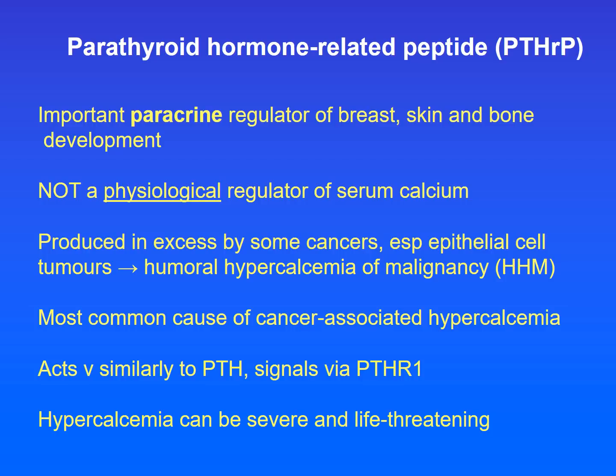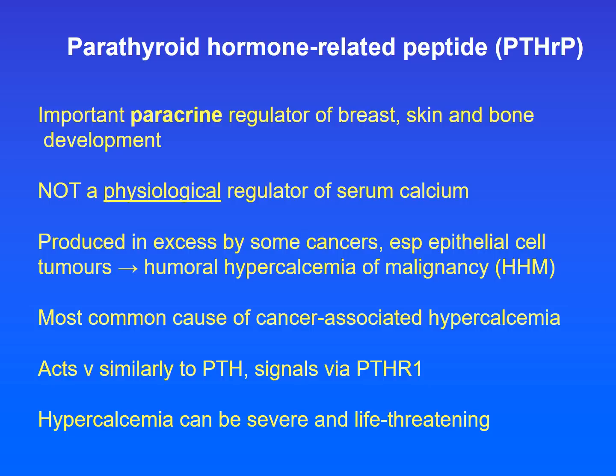It's a paracrine regulator of breast, skin and bone development, so it's an important developmental molecule. In physiology, it's not a regulator of serum calcium, because in physiology the amount of this hormone that reaches the circulation is negligible.